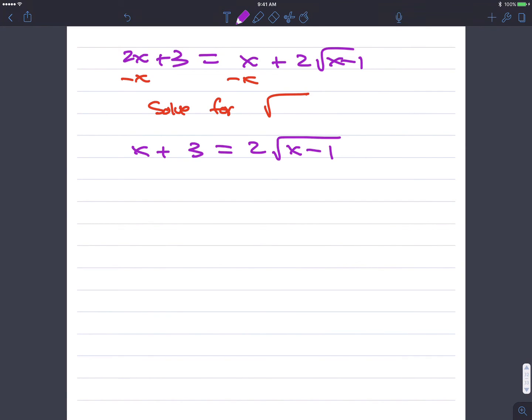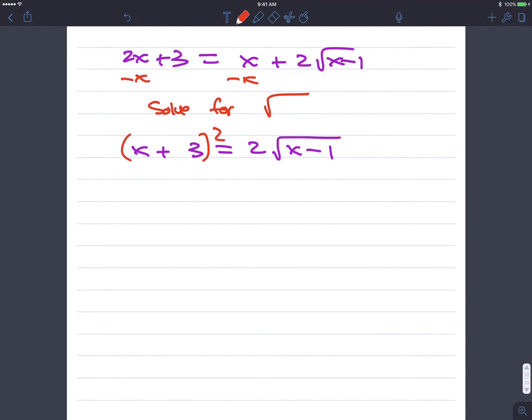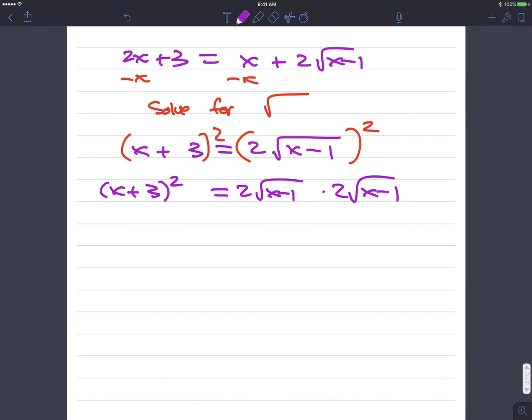Now here's what I'm going to recommend. We're going to have to apply the idea, again, of squaring both sides so that we can get rid of our radical. As you can see on the left, you got the x plus 3 squared. On the right, I have an exponential. So on my left, x plus 3 times x plus 3.